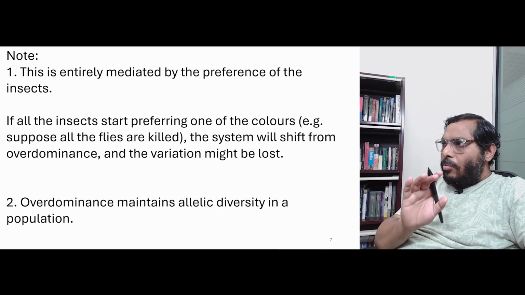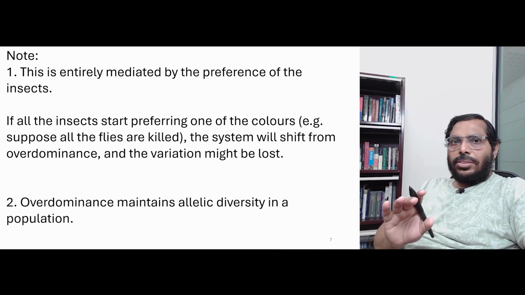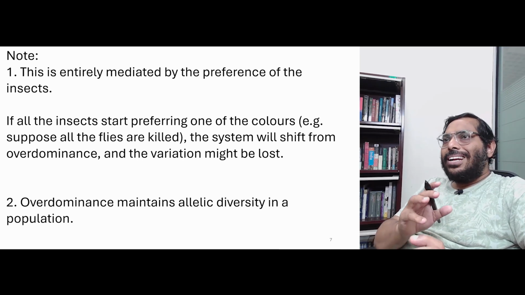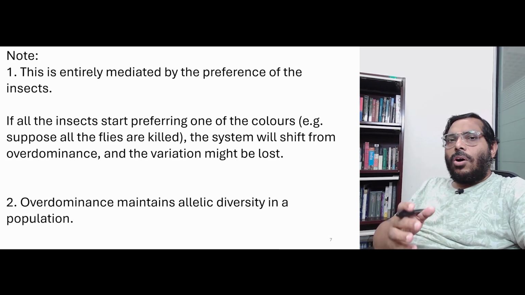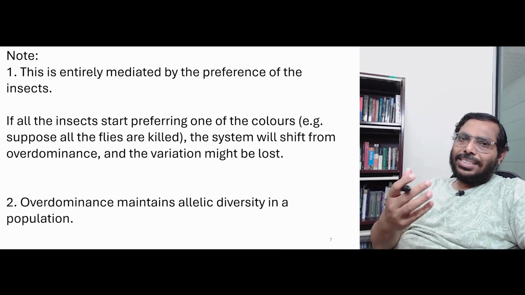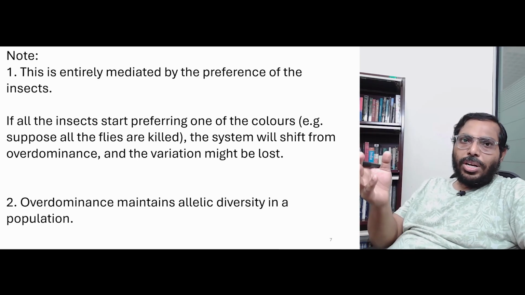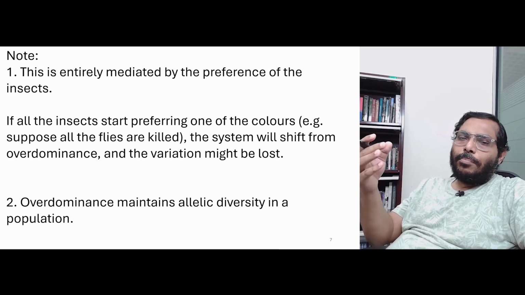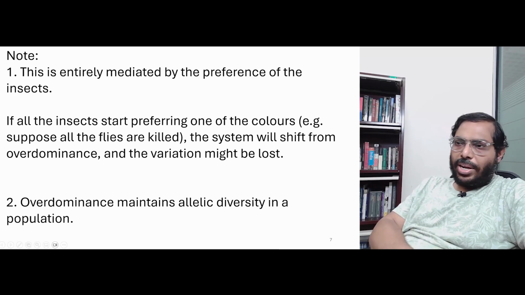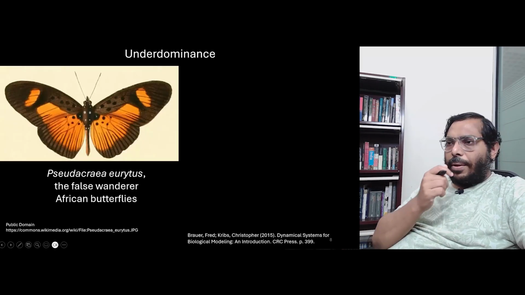What is the fitness of a type depends entirely on what context that genotype finds itself in. Under certain contexts, the system might be an overdominant one, under certain other contexts, it might have a very different kind of fitness.